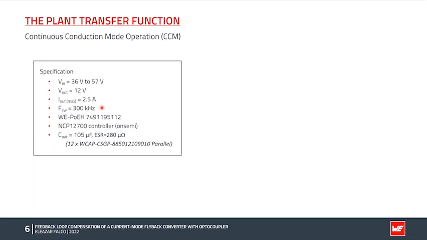The switching frequency is 300 kilohertz, and the transformer used is from the POEH series from Bourns Electronic, together with the controller NCP12700 from onsemi. The output capacitance of the converter was implemented by a capacitor bank, as shown here.